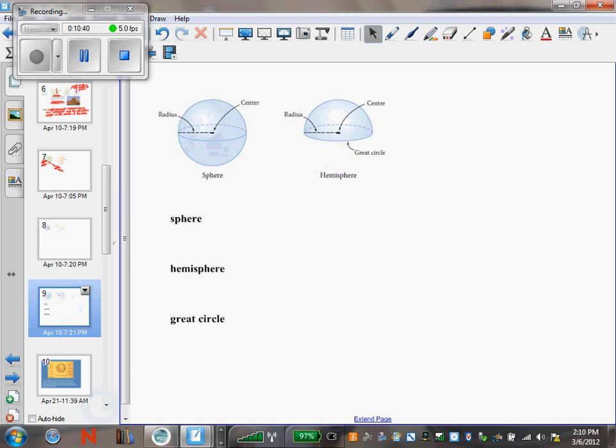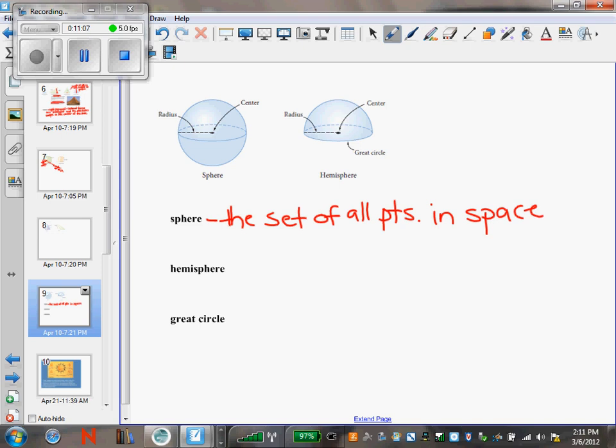And then we have a few more definitions. A sphere, you'll think of a soccer ball, a tennis ball, any perfect ball is a sphere. Earth is a sphere. So the definition is the set of all points in space at a given distance from a given point.